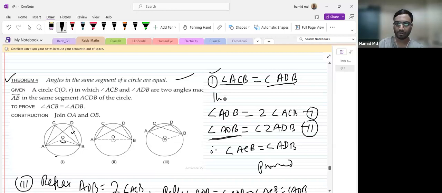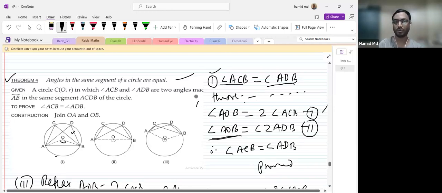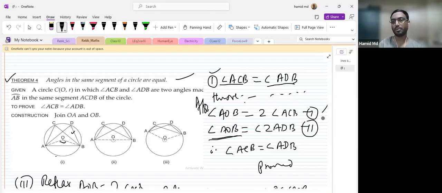If you remember the statement, write the statement, and then proceed according to the theorem. Then you will get 100% marks. Otherwise, there is a chance to lose marks, at least in the board exam. The teacher is a standard teacher. So do it.